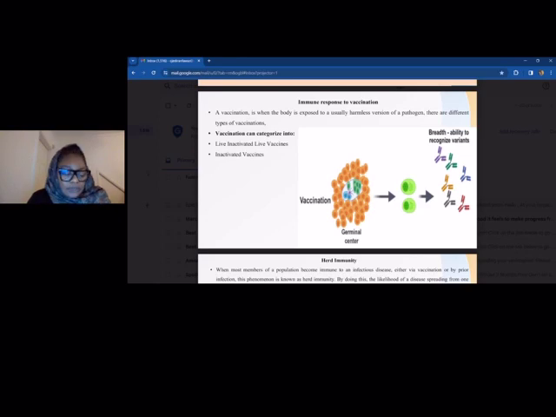Immune response and vaccination. We know vaccination protects the individual and the body from various diseases, and these diseases still do exist.